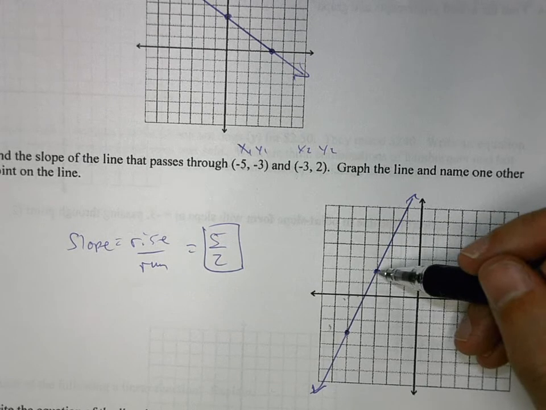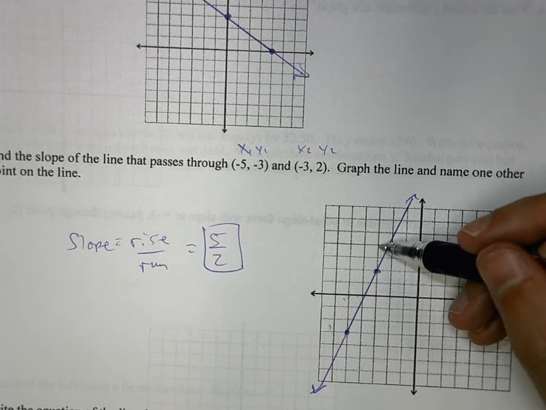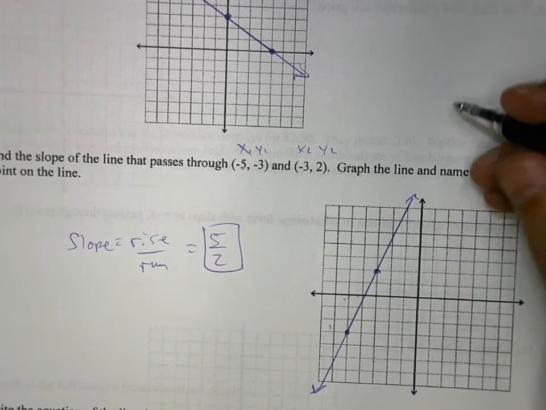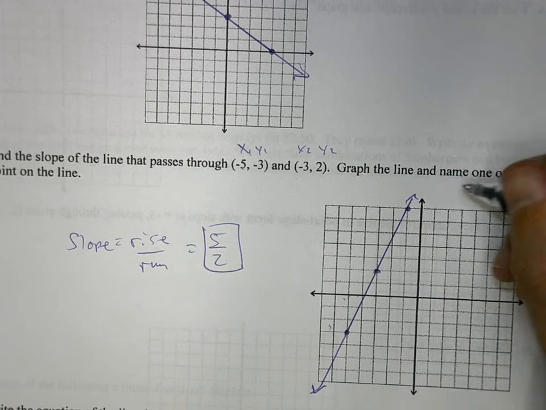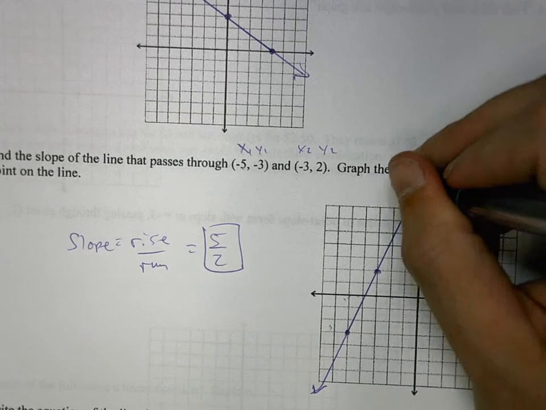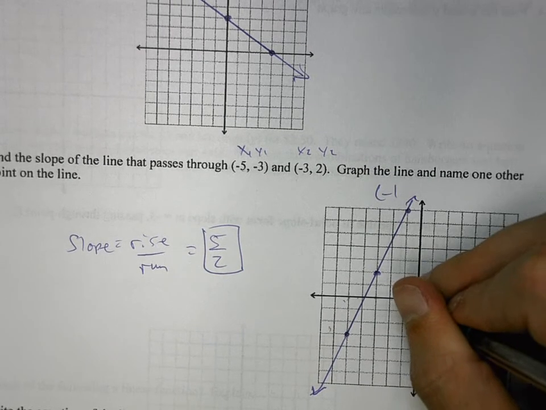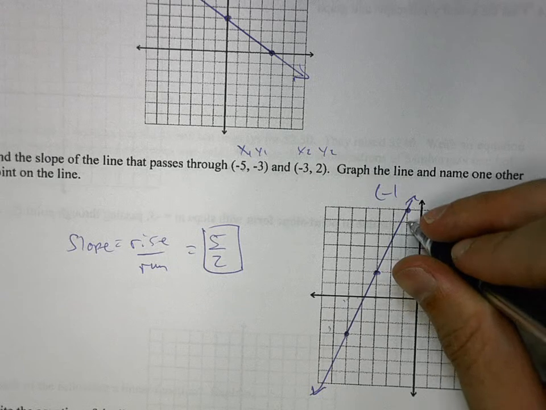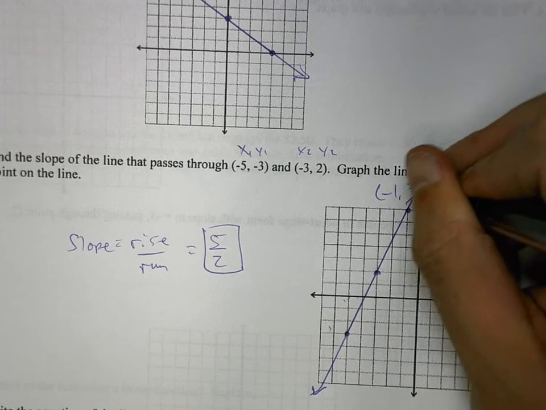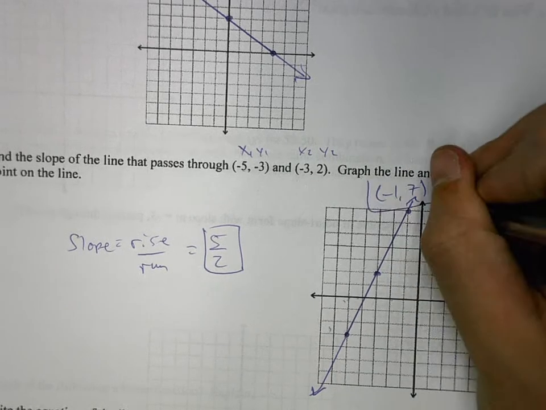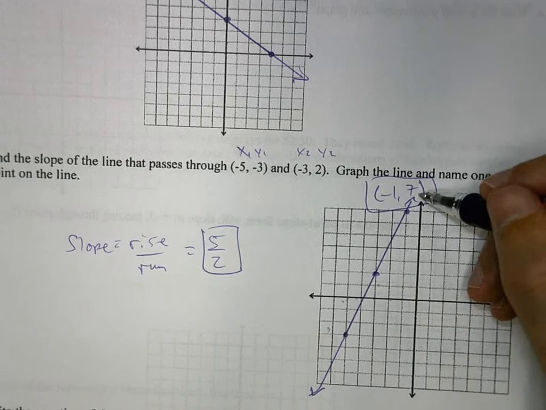And if you keep following that slope up 1, 2, 3, 4, 5 over 2, you'd find this other point, which is located at negative 1 on the x-axis, up 1, 2, 3, 4, 5, 6, 7. There's our line, there's our point, there's our slope.